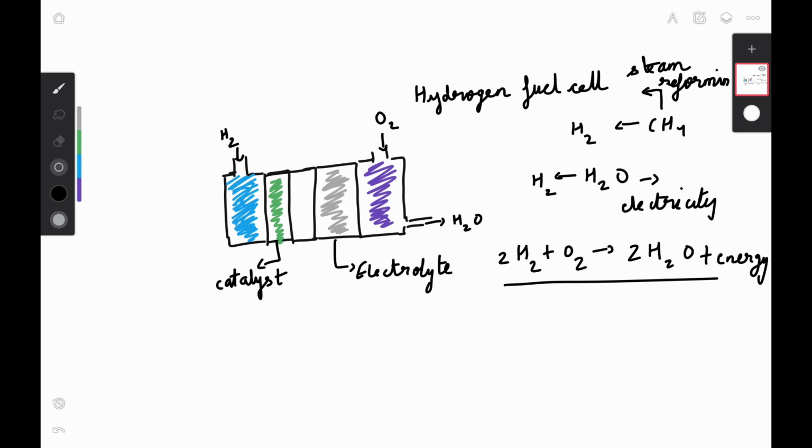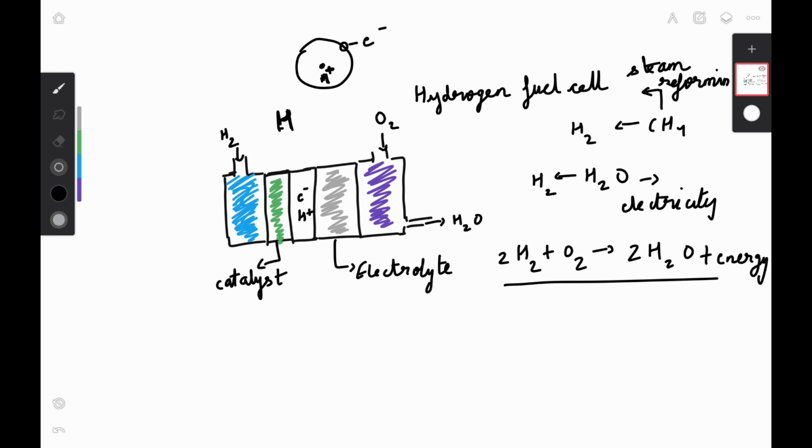Okay, so here what happens is after the hydrogen passes through the catalyst, the H atom, the basic structure of the H atom is that there is a proton and there is an electron. This is the positive, H plus, the hydrogen ion. Hydrogen ion is nothing but a proton. So here what happens is it gets divided into H plus and an electron.